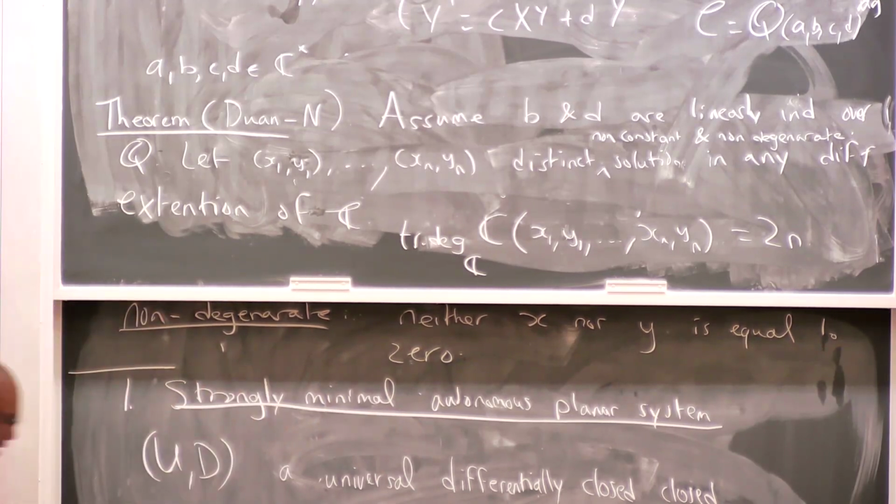All right. So what do I mean by a planar system? Let F, G be in curly C of x, y.